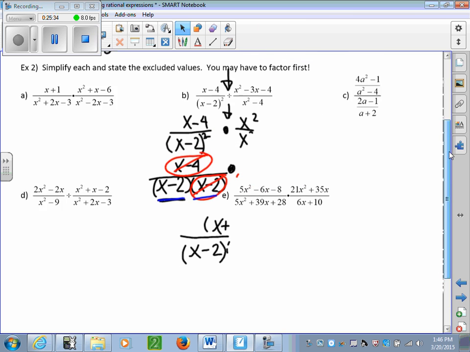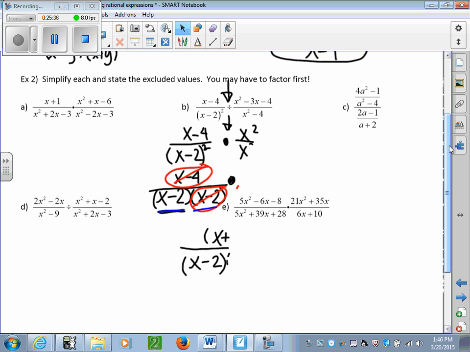Okay, so here in C, I have a complex fraction. That's when I have a fraction divided by another fraction. It's called a complex fraction. And I want to first turn this into a multiplication problem. So I'm going to take this bottom fraction, or the denominator, and I'm going to multiply by the reciprocal of it. So the reciprocal is I just flip it over.